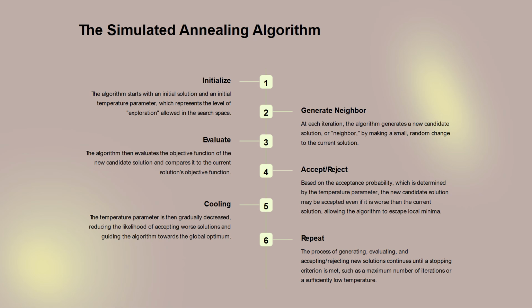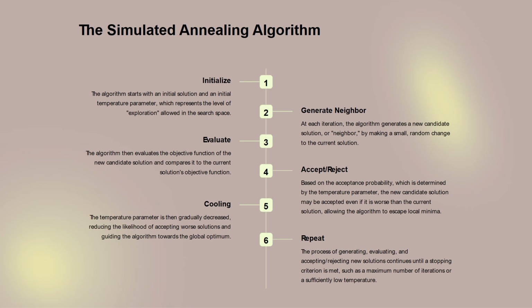4. Accept or reject. Based on the acceptance probability, which is determined by the temperature parameter, the new candidate solution may be accepted even if it's worse than the current solution, allowing the algorithm to escape local minima. 5. Cooling.